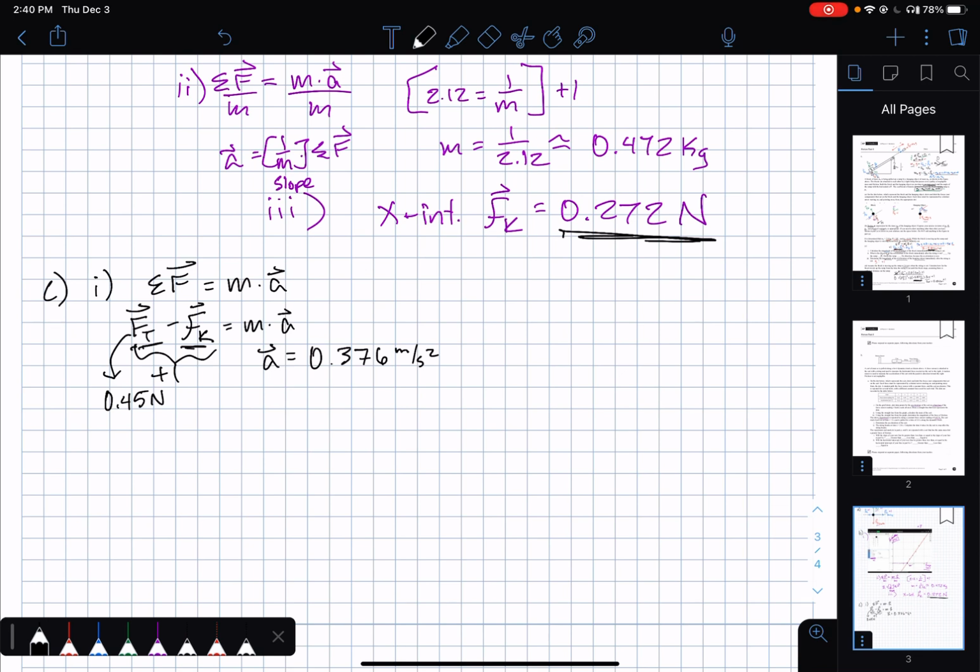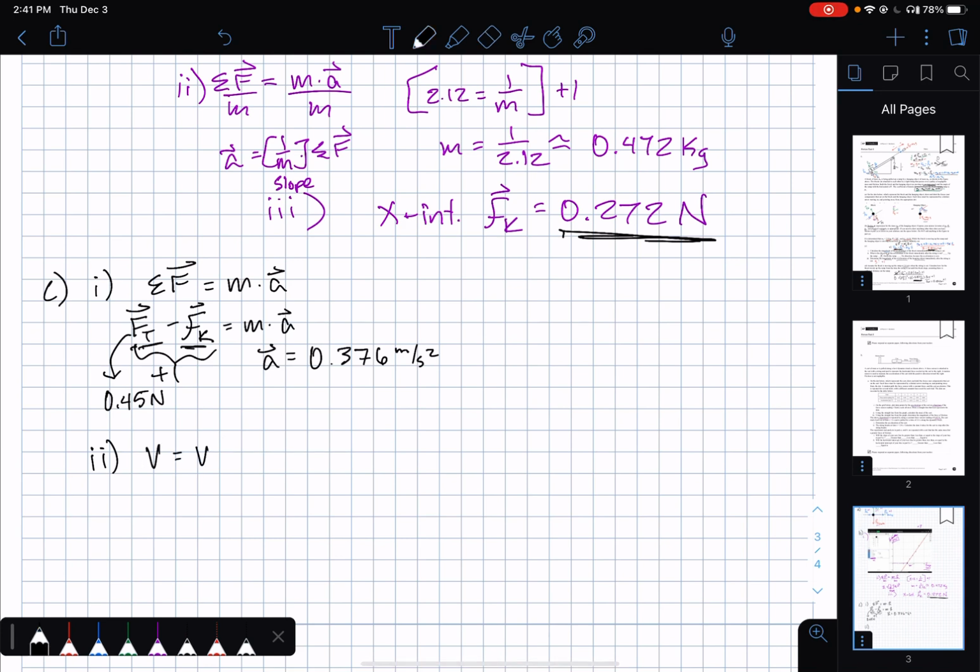The next part, the string breaks at 2 seconds. How much time does it take for the cart to come to a stop? So this is literally a V final squared is V initial squared plus 2A delta x. Oh, no, we're trying to figure out time. I'm sorry, I was going to calculate how far it went.